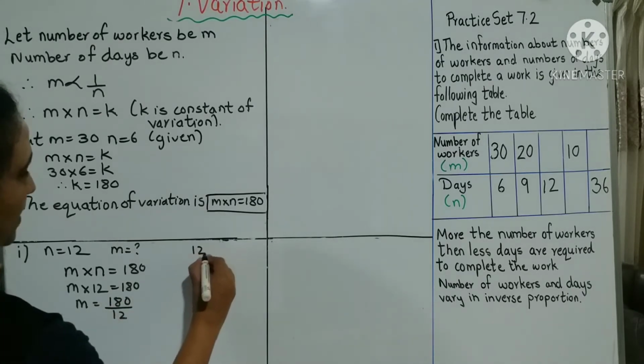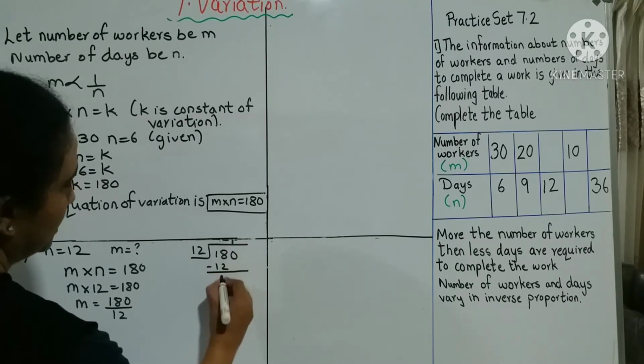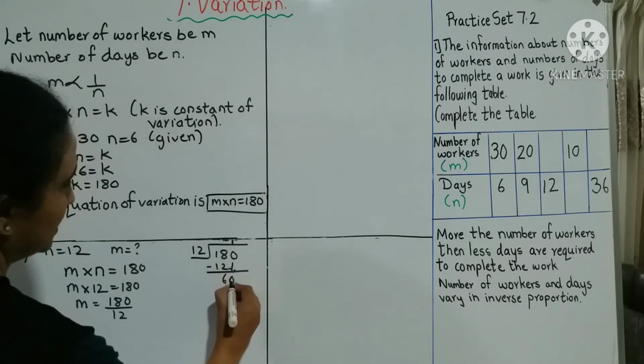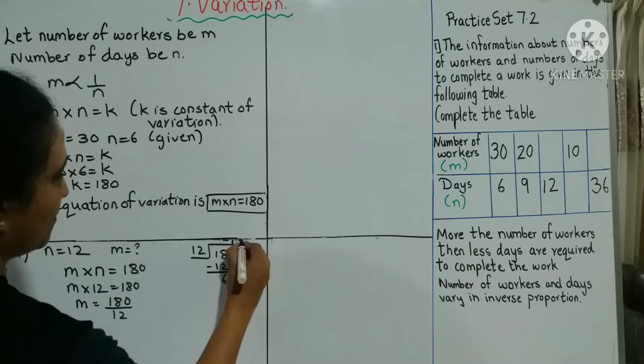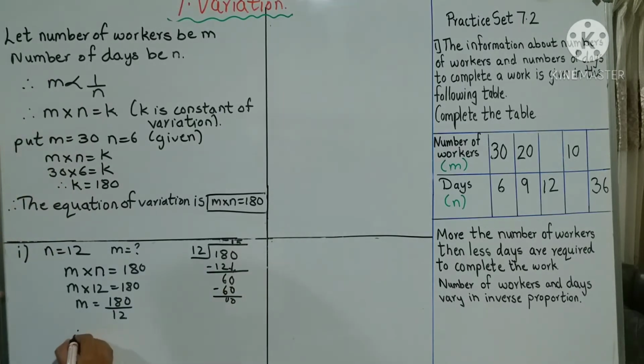We'll divide and see what answer we get. 12 ones are 12. Remainder over here is 6. This 0 will take down. 60. 12 fives are 60. So your answer over here is 15. Therefore, m is equal to 15.